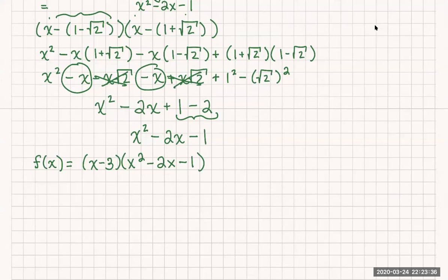I take every term in the binomial and multiply through by every term in the trinomial. So the first thing I'm going to do is distribute the x to every term in the trinomial. So x times x squared is x cubed. x times negative 2x is negative 2x squared. And x times negative 1 is negative x.